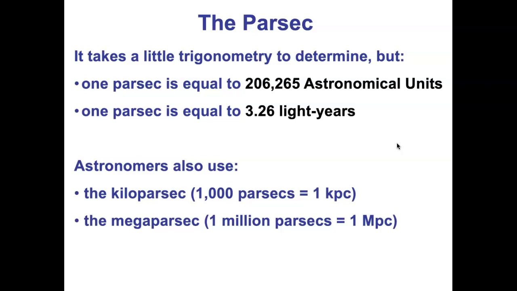Or if you've got a galaxy that is 5 million parsecs away, which gets to be kind of cumbersome to write over and over, you could just say 5 megaparsecs, where mega means million. Same thing.